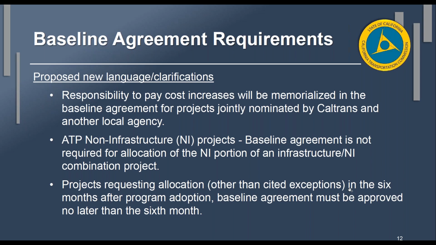And this is just for the 6 months after program adoption. After that, then you have to have a baseline agreement before allocation. So again, this was just trying to put some generic language without any very specific dates tied to cycle 3.